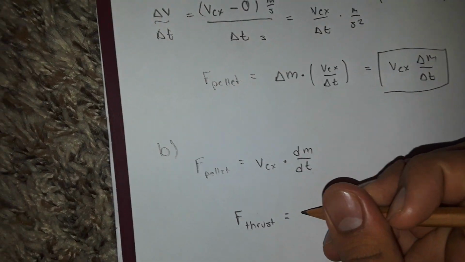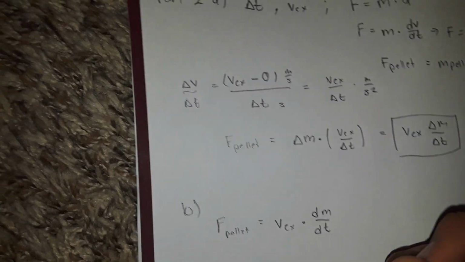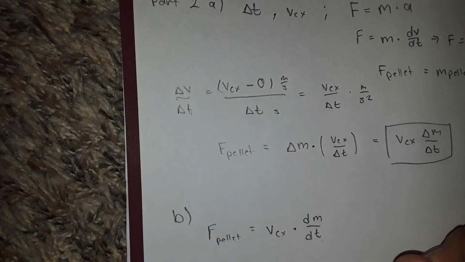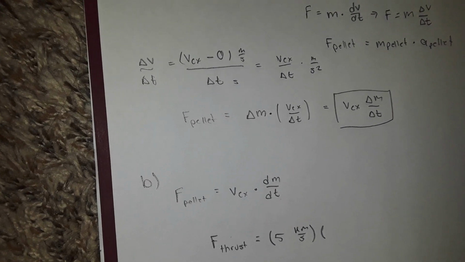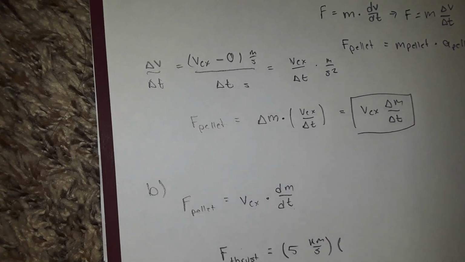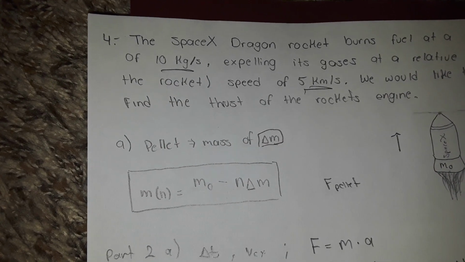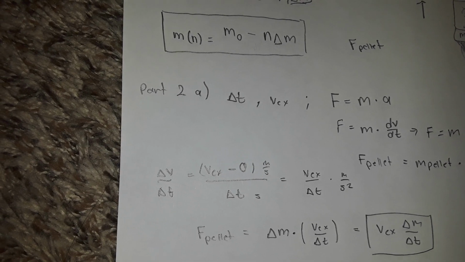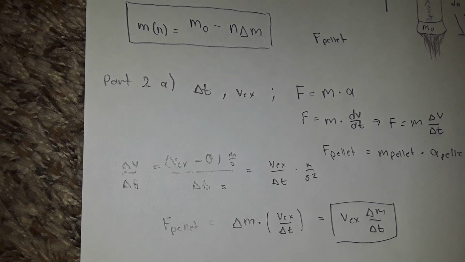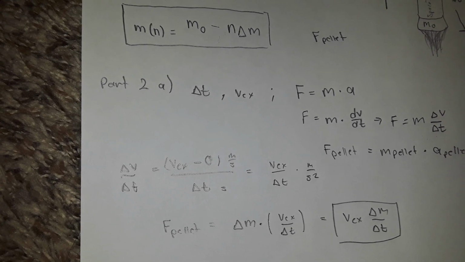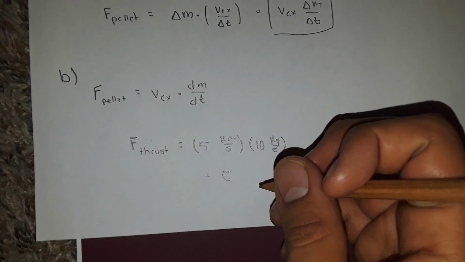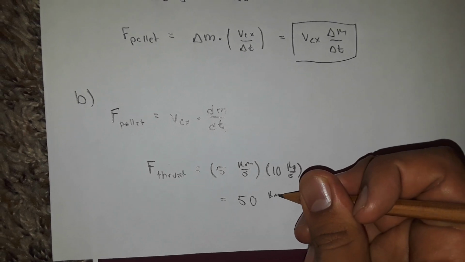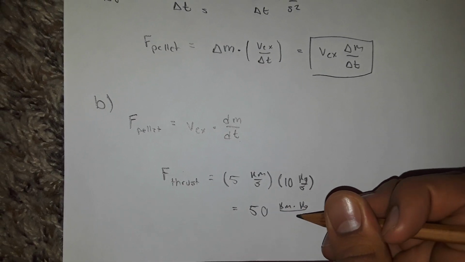It's just going to be our velocity, which we said was 5 kilometers per second. That's very fast. Times our change in mass, so this is burning fuel at 10 kilograms per second. So we can calculate this. This is 5 times 10, which is just 50, with units of kilometers times kilograms divided by seconds squared.